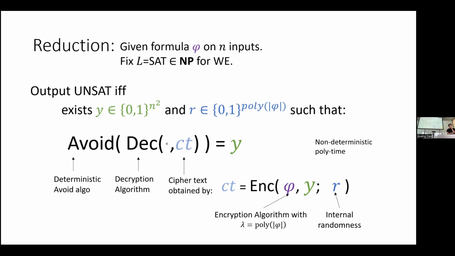So what prevents the avoid algorithm from finding, say, some different string y star, y prime? Right, because the avoid algorithm is only... Yeah, sure. So this is only the intuition. I will give the formal proof in the next one. Yeah, I'm a bit confused about the reduction. Choosing y and r non-deterministically, but then you're trying to invoke the security of the encryption, but if you choose r non-deterministically, it's not like a random string, right?